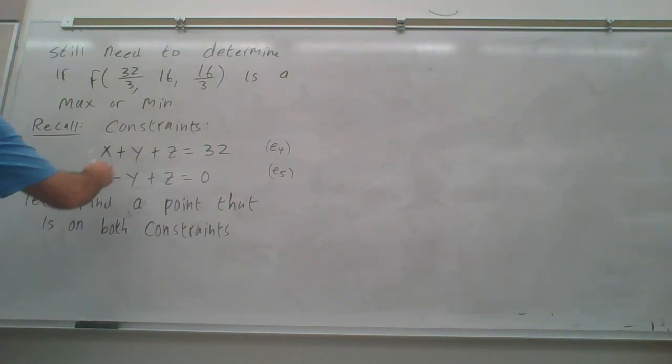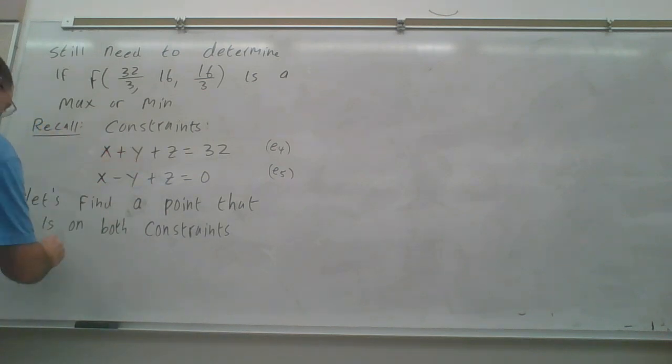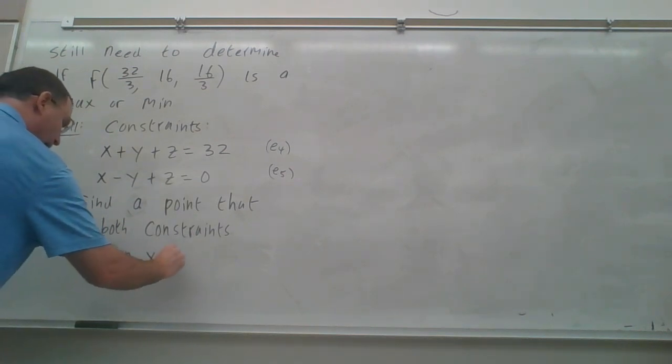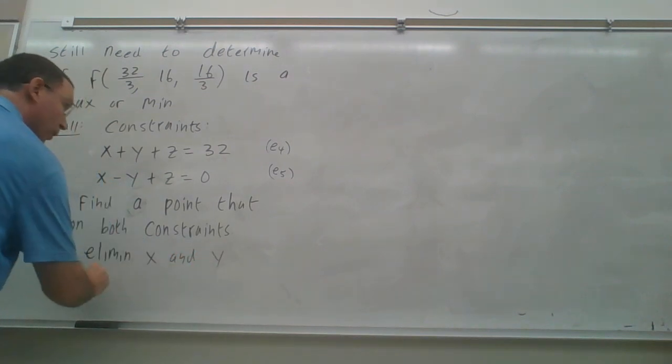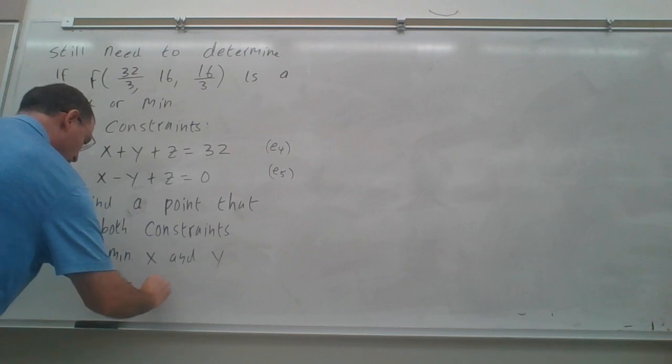You can try to just look at that and guess a point, or another way to do it is to solve the system. So let's say, to eliminate x and z, we're going to take equation 4 minus equation 5.